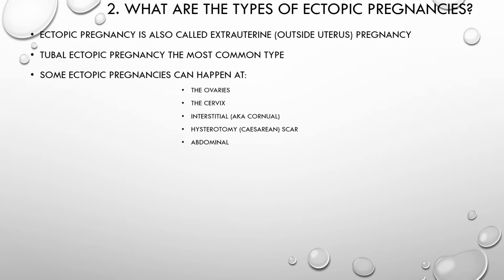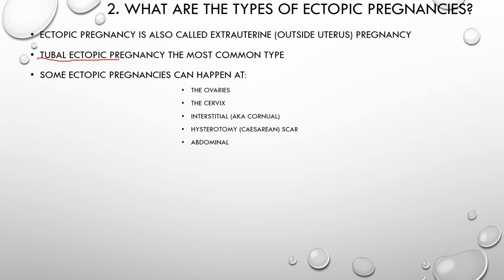The cesarean scar means that when you had a cesarean delivery previously, the C-section, there is a chance, not that everyone has this, but there is a chance that you may develop an ectopic pregnancy in your next pregnancy. Then they can also be abdominal. So all these are saying that the baby or the egg can develop anywhere besides the uterus. But the common one that happens is the tubal.